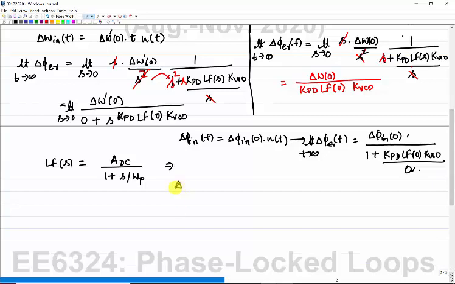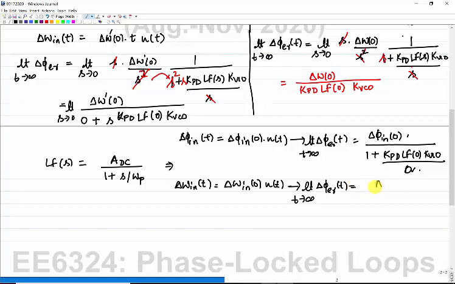Now if you apply, in place of that, a frequency change, phi in of t equal to delta omega in 0 times u of t, then you are going to have a phase error which will depend on the DC gain of the loop filter.